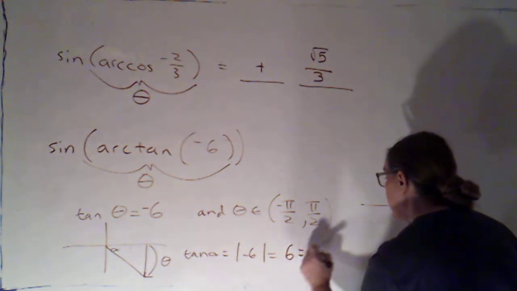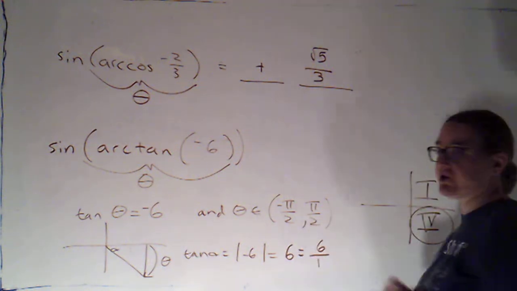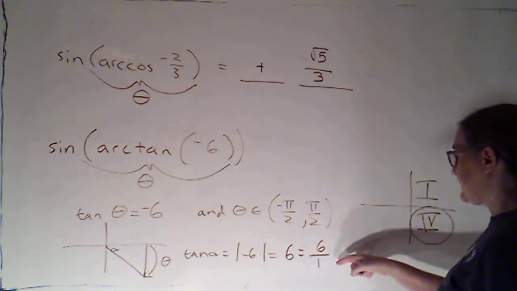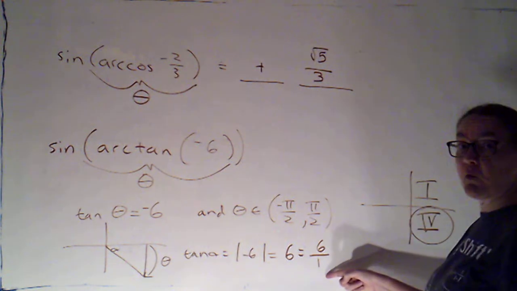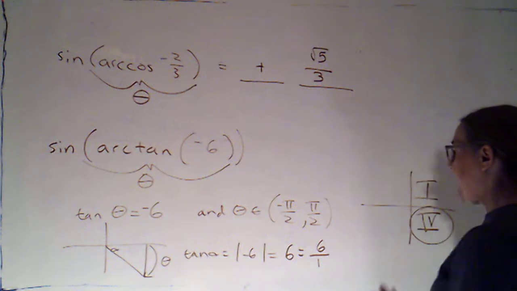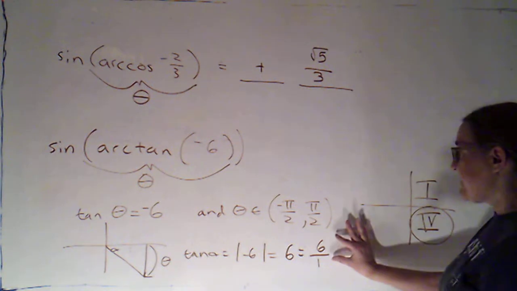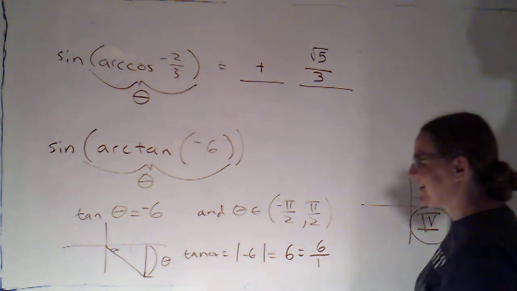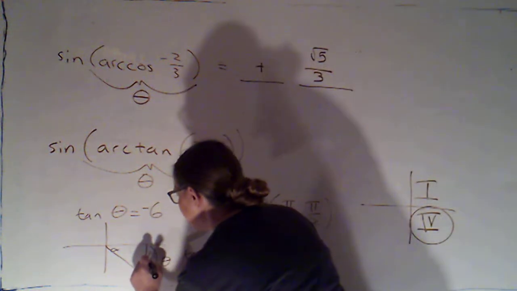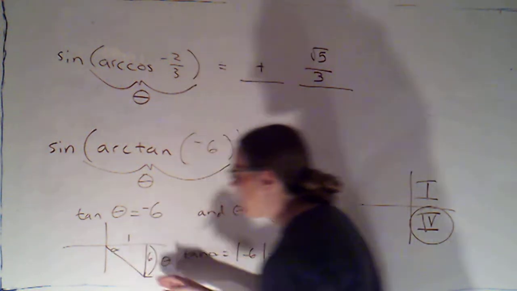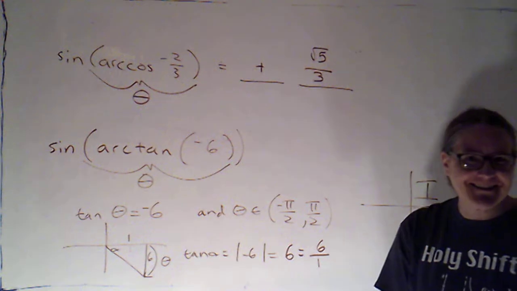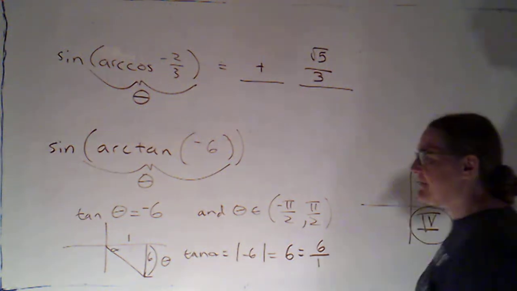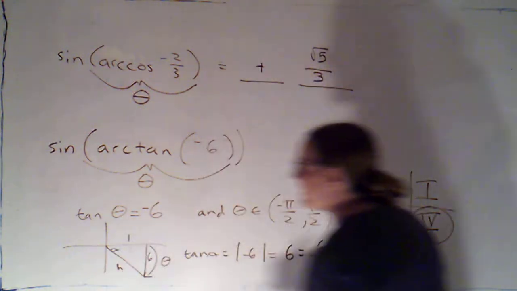Going to be very helpful if I write that as a fraction. So 6 is the same as 6 over 1. If I write it that way as a fraction, that gives me an opposite and an adjacent side. So I'm going to label this as 6 and this is 1. Obviously, I did not draw this to scale, but that gives me enough information to solve for the hypotenuse.